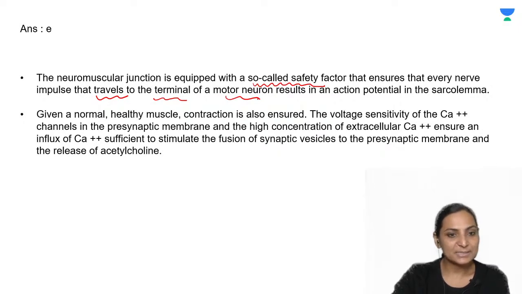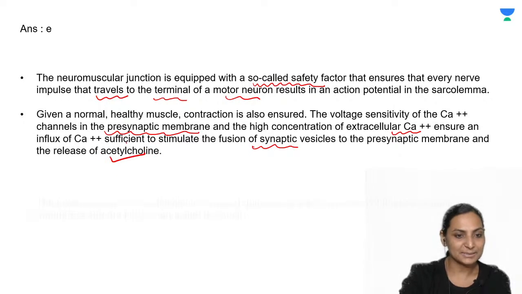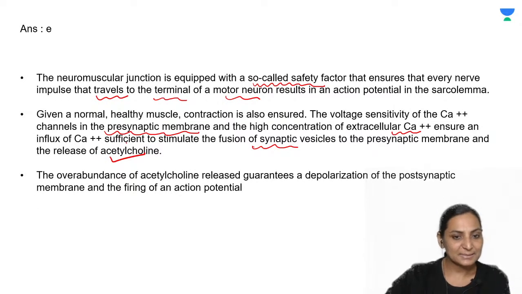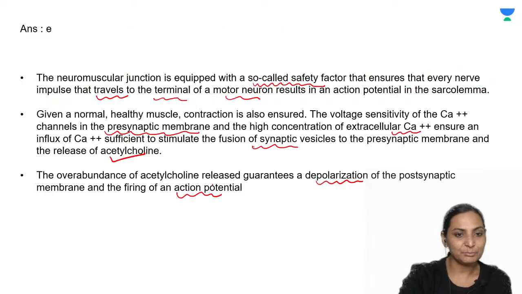The voltage sensitivity of the calcium channels in the presynaptic membrane and the high concentration of extracellular calcium ensure that sufficient calcium will come inside, which will cause the synaptic vesicles to fuse with the presynaptic membrane and release acetylcholine, and this acetylcholine is going to guarantee the depolarization of the postsynaptic membrane and end in an action potential.